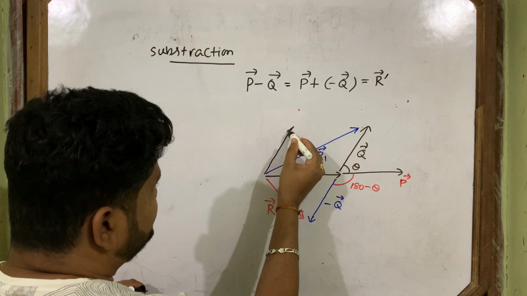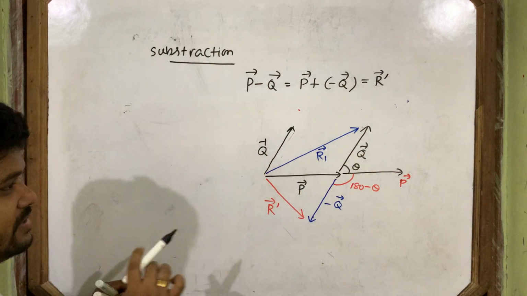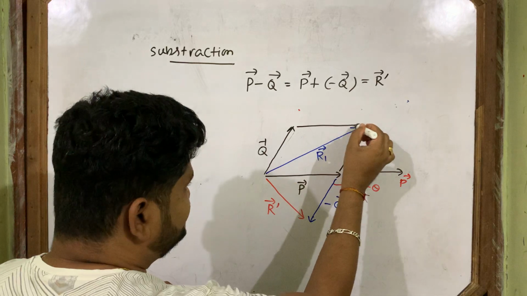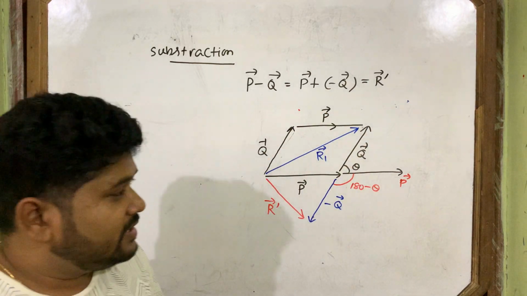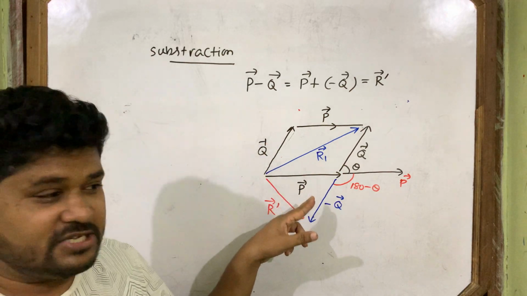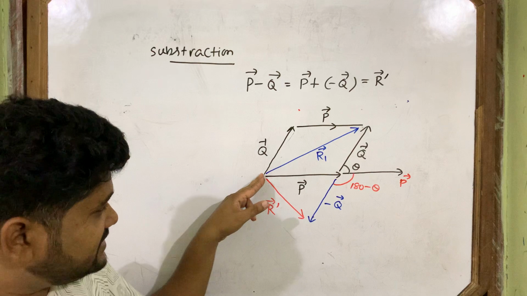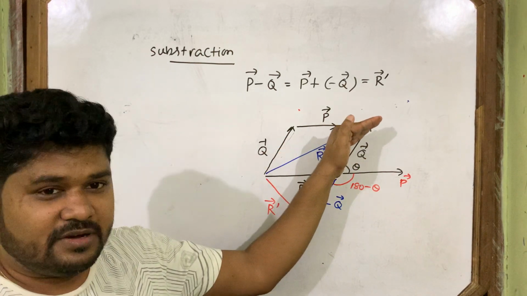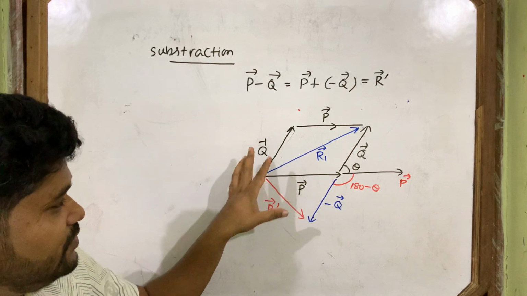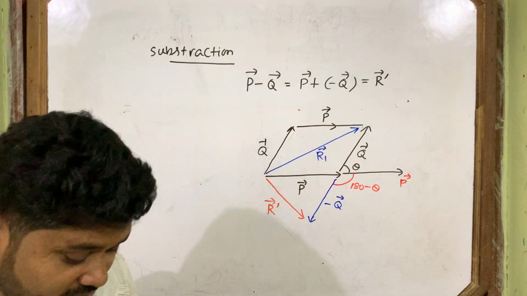So this is Q, this is Q, this is P, this is P. If you use the parallelogram condition, P and Q are two adjacent sides, and the resultant starts from their common point. Now taking P vector and Q vector, I draw one parallelogram. Understand?